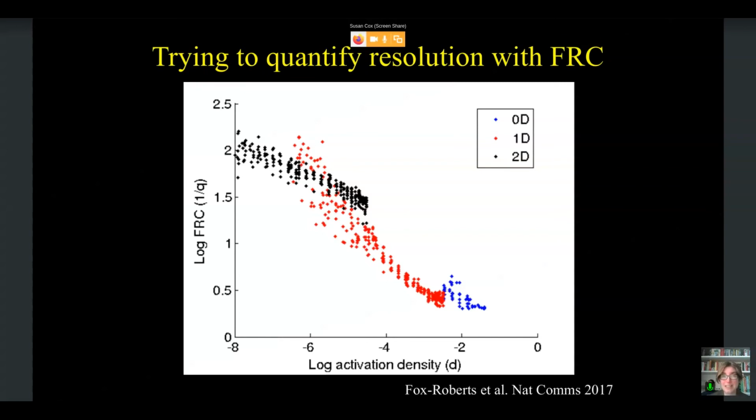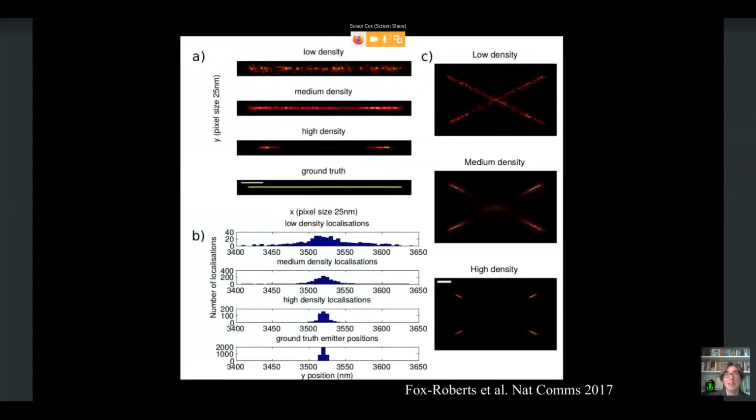What we see is the resolution that's reported just gets better and better and better as the activation density goes up. That's because Fourier ring correlation doesn't distinguish between sharpness and true resolution. All it can measure is the sharpness, and the image is always getting sharper as you go to higher activation density. As we showed before, as we increase the activation density, the image always gets sharper, and any structure that wouldn't get sharper just disappears.